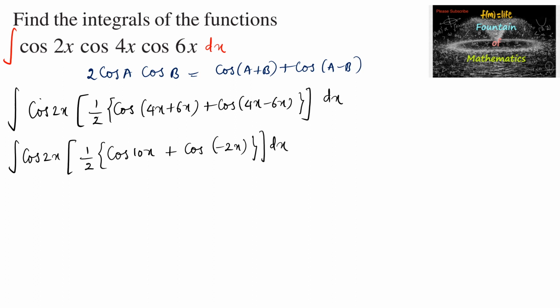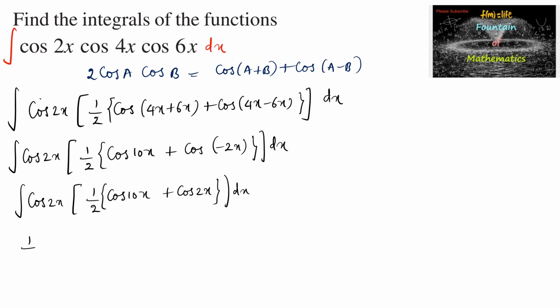the whole dx, which is integral cos 2x, 1 by 2 times of cos 10x, cos of negative theta is plus cos theta, so plus cos 2x, the whole dx.